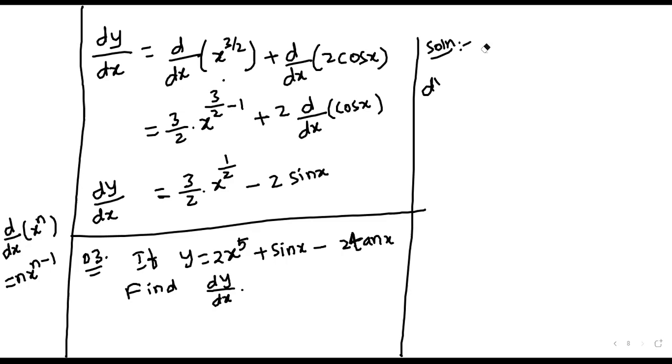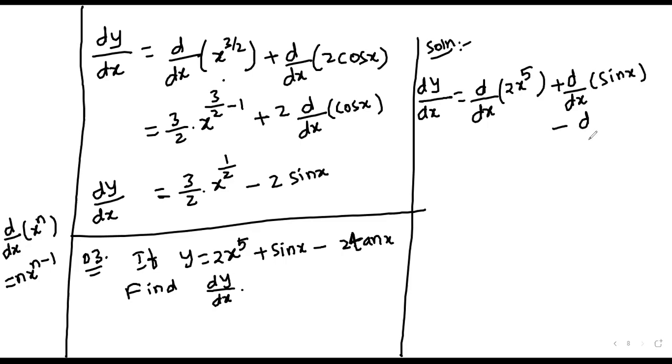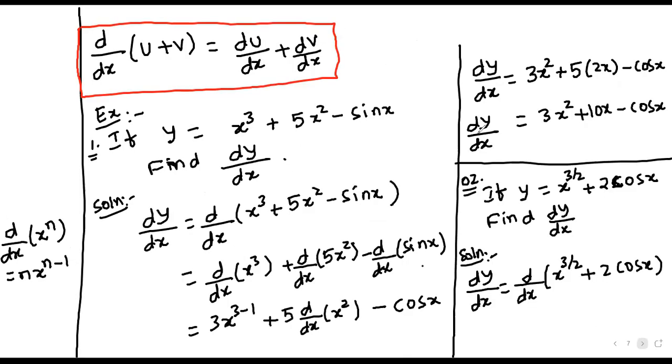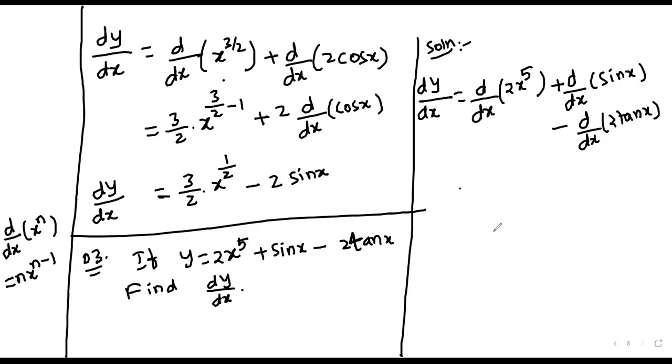I need to find dy by dx, so I can write it as d by dx of 2x power 5 plus d by dx of sin x minus d by dx of 2 tan x, right? Can I apply it directly now? Yes, sir, du by dx plus dv by dx. Okay, fine. First one, how to do?